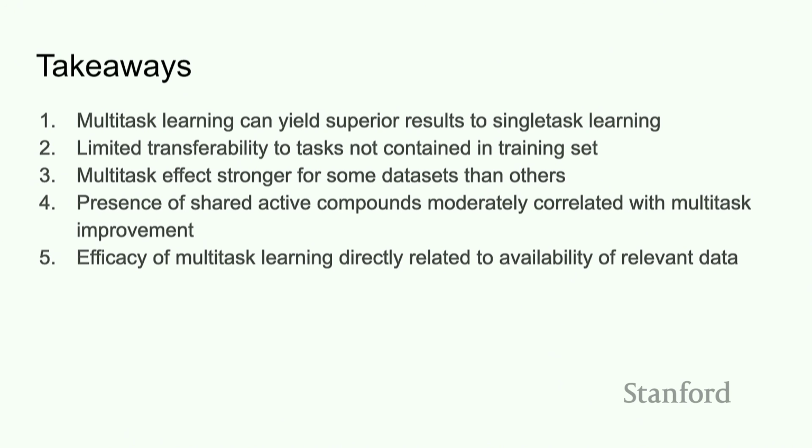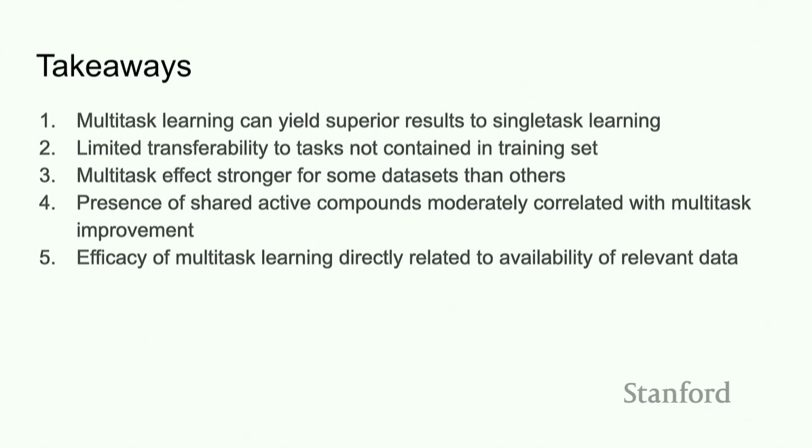Third, multitask effects are stronger for some data sets than others, so it is pretty heterogeneous, and it seems to require some level of domain knowledge if you are going to employ multitask learning. Fourth, the presence of shared active compounds is moderately correlated with multitask improvement.